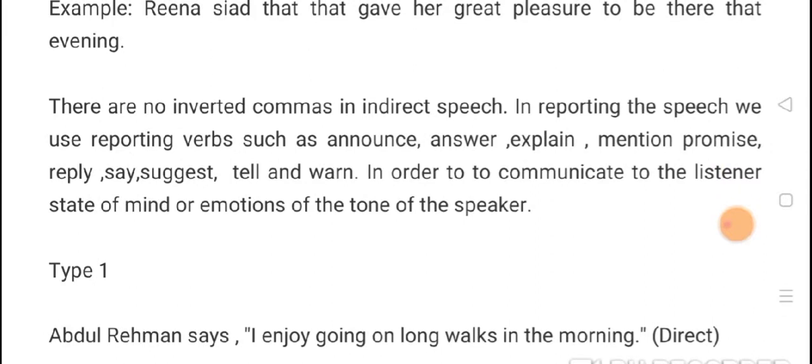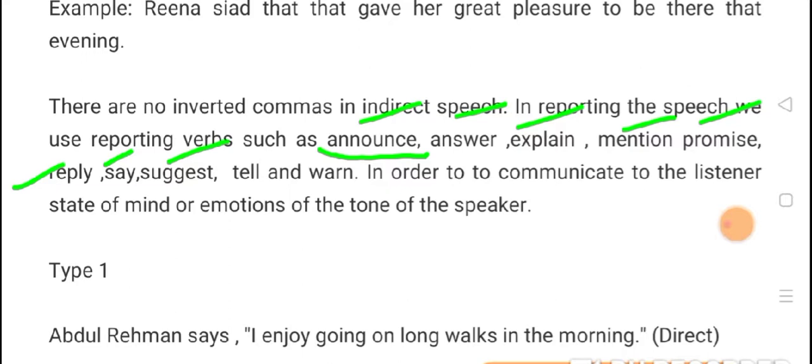There are no inverted commas in indirect speech. In reporting the speech, we use reporting verbs such as announced. So in place of said, we can say announced, answered, explained, mentioned, promised, replied, suggested. Generally the reporting verbs are said, says, like that.